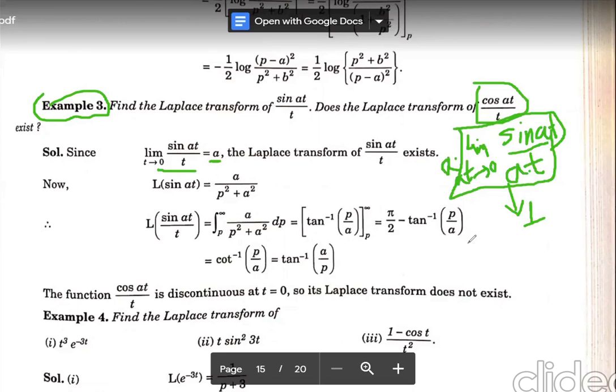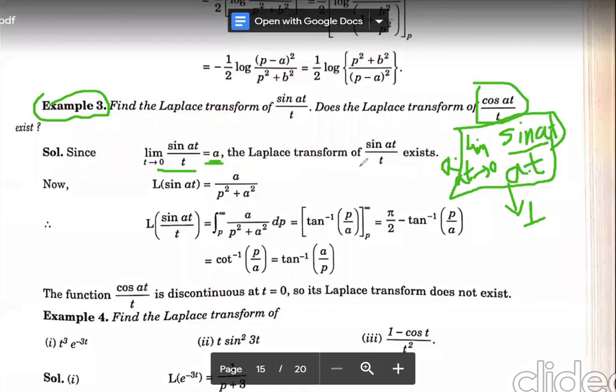For finding the Laplace transform, the function must be continuous for all t greater than 0. So first we check whether the Laplace transform exists or not. If it exists, then we find it. Since here you are getting a particular value, that is a, that means limit of what?